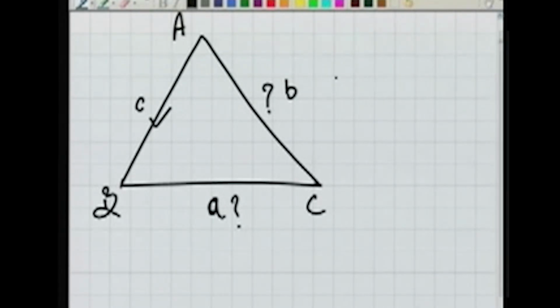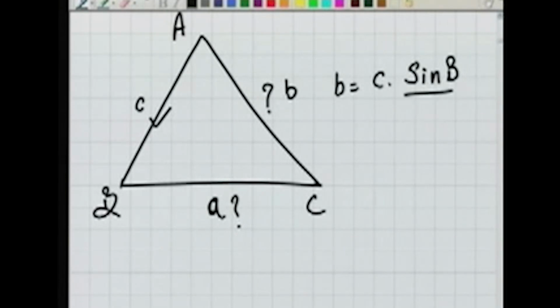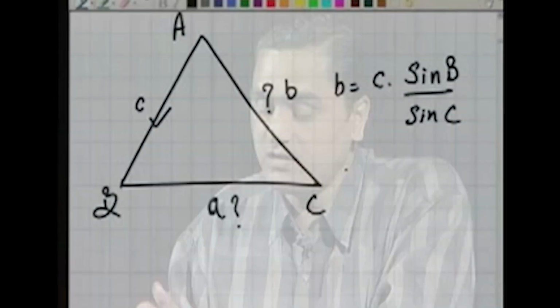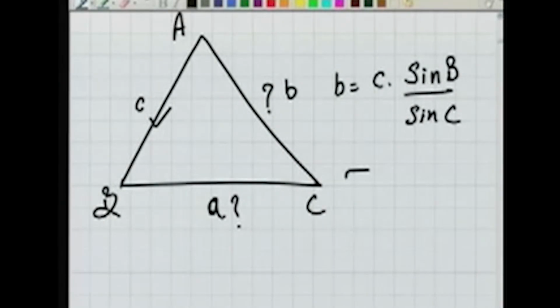So for length B, as we have seen previously also, we can write it as C sine B over sine C. Now in the angles B and C, when we measured them, let's say there is an error, and the standard error is sigma B and sigma C. So sigma B and sigma C is the standard error there.